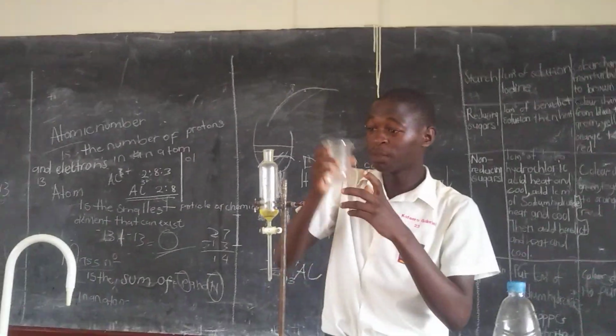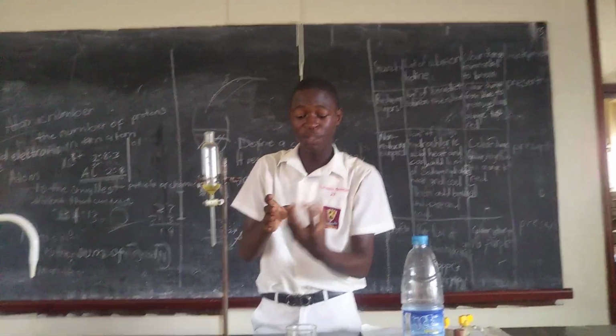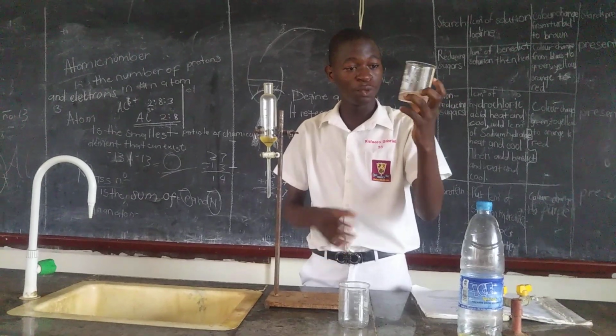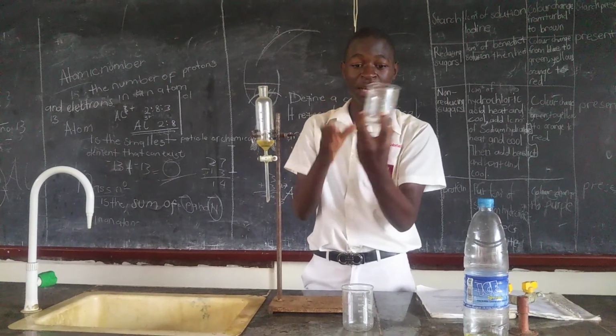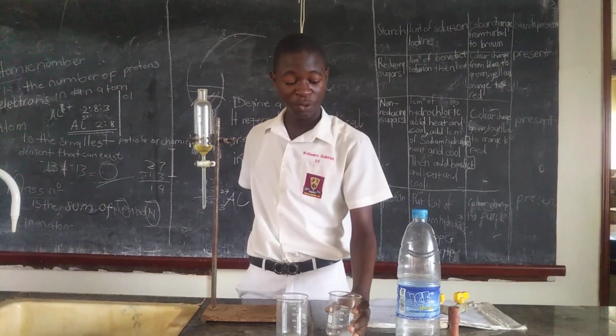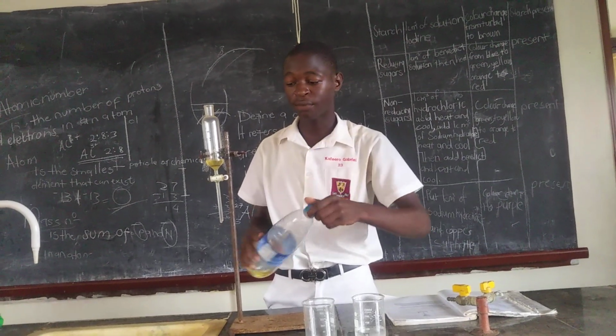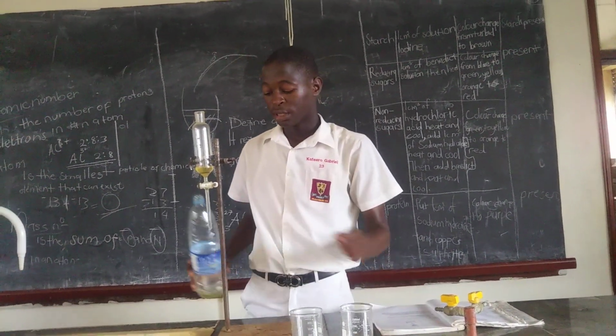We have just mixed these two liquids together, but we have got a different result, meaning that this water is now plain water and this is plain cooking oil. So I'm going to add our cooking oil back to the bottle where it was taken from.